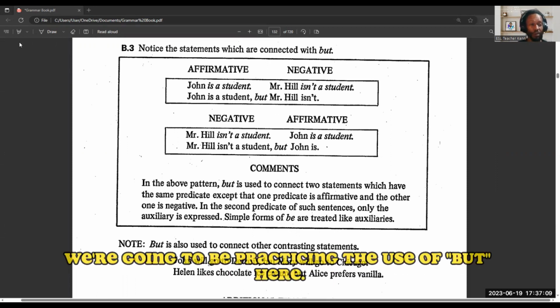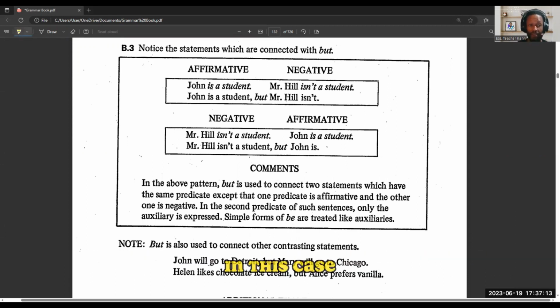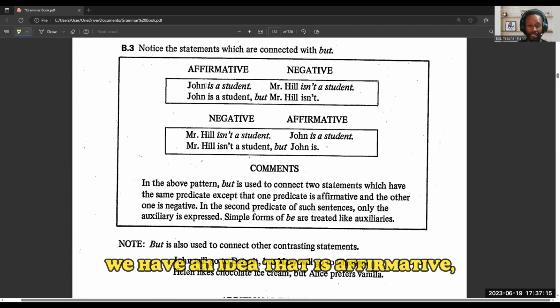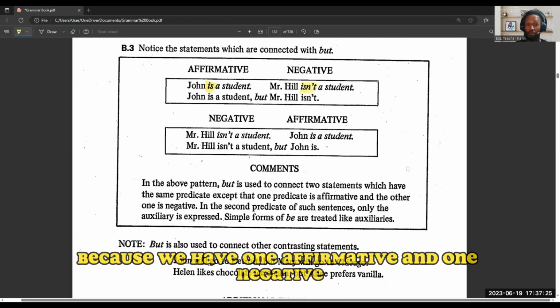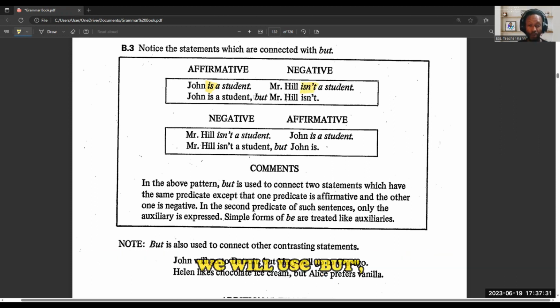As I mentioned, we're going to be practicing the use of but here. In this case, we have an idea that is affirmative. John is a student. And then we have the negative. Mr. Hill isn't. Because we have one affirmative and one negative, we will use but.